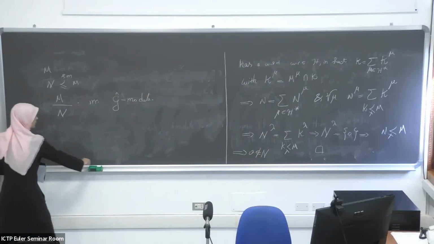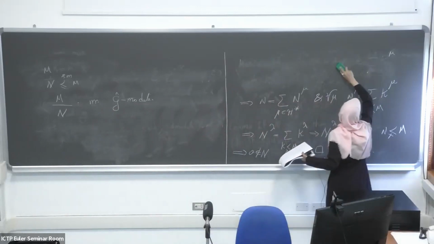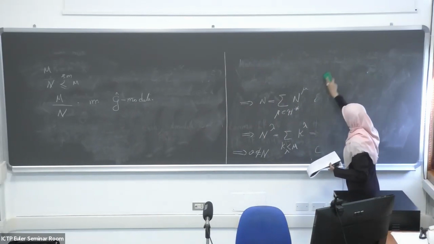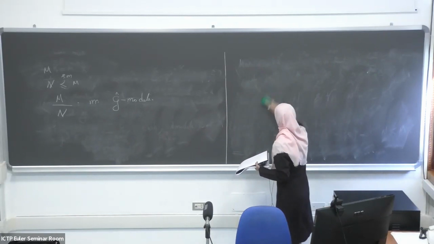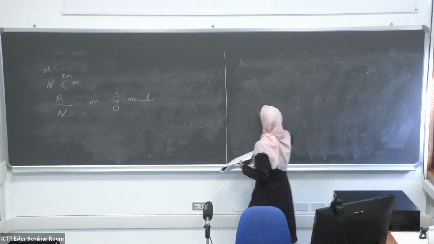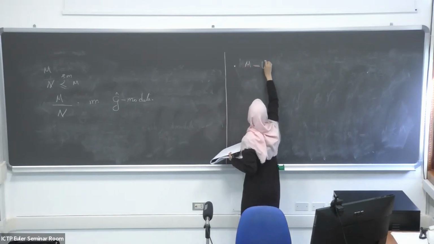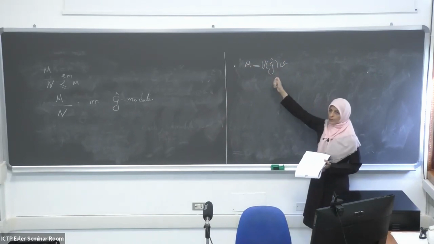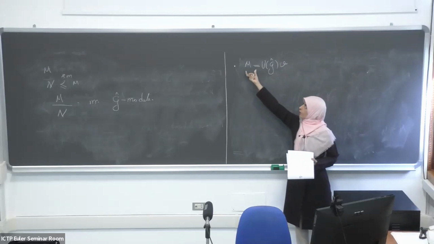Okay, let's look at some properties of these modules. We saw that M is U G hat V. In other words, M is generated by V. If you have V, you have the entire M, right?